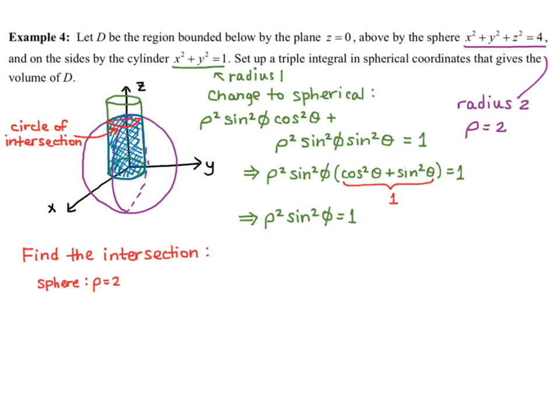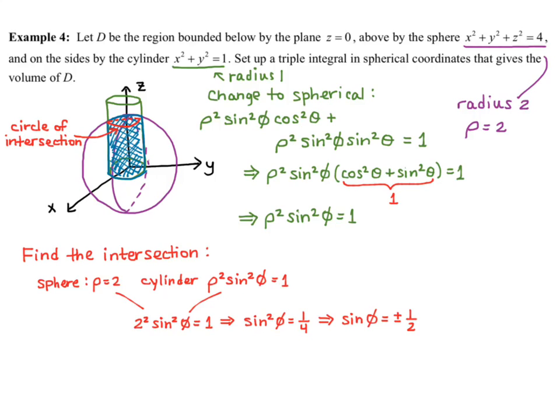So my sphere is rho equals 2. My cylinder is rho squared sine squared phi equals 1. So I put them together. So I get 2 squared sine squared phi equals 1. I substituted in rho equals 2. This becomes sine squared phi equals 1/4. So just divide both sides by 4.